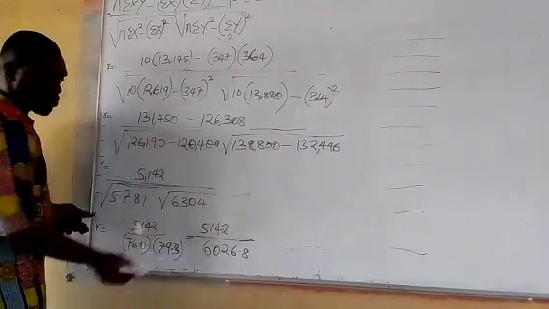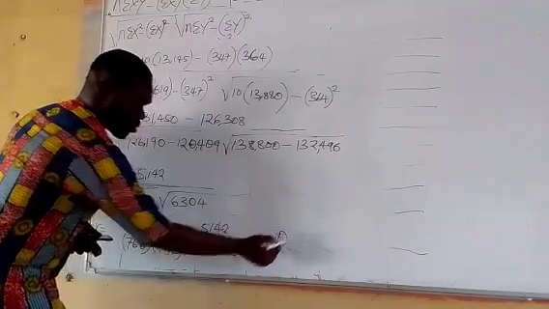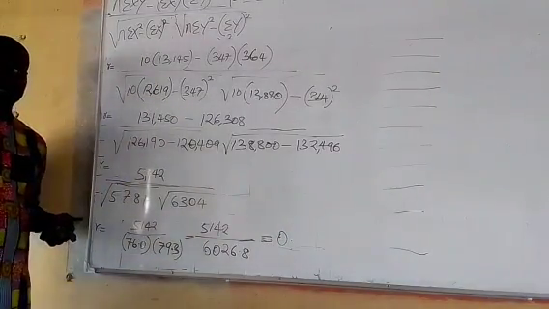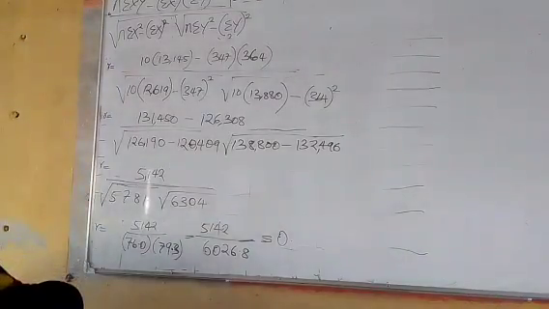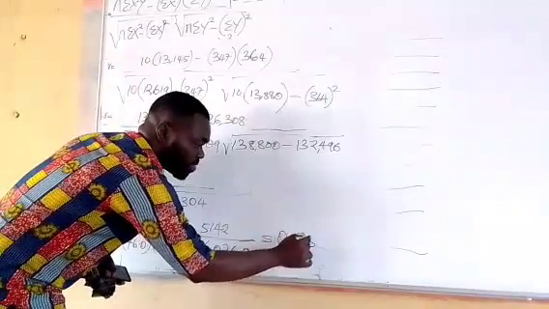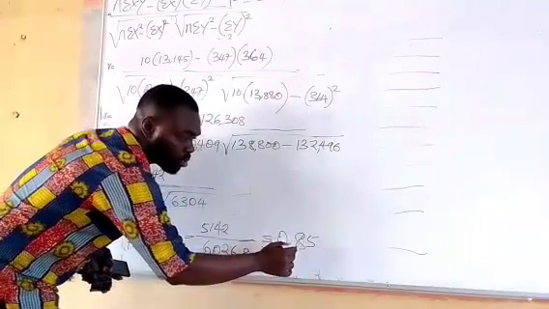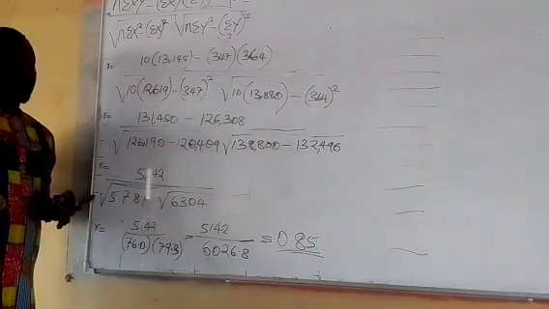Okay, now divide these two. What are we having? 0.85. Okay, let's just leave it at 0.85. So that is our calculated R.